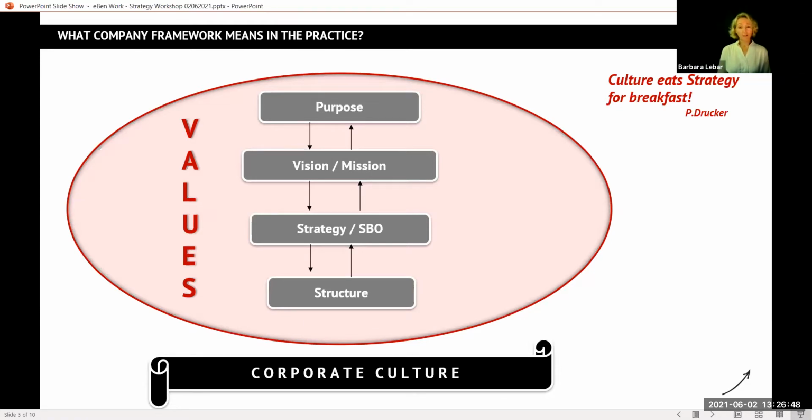And as Peter Drucker said, culture eats strategy for breakfast. Without being aware of our values and expected behaviors, even the best strategic goals may not work.